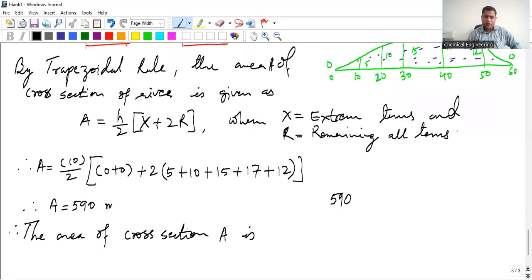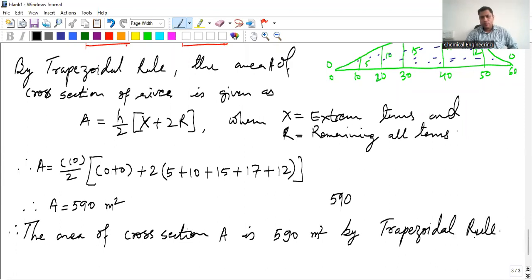Yes, sir, 590 meter square. We have measured this in meters, so that's why it is meter square. So it is 590 square meters by the trapezoidal rule. We got this value by using the trapezoidal rule.